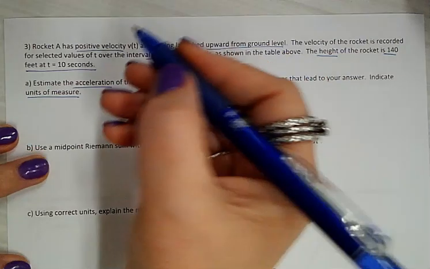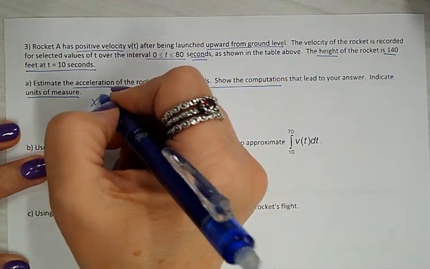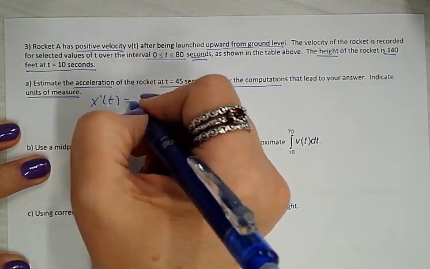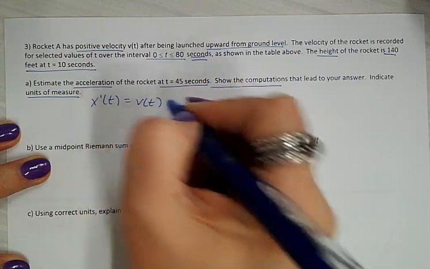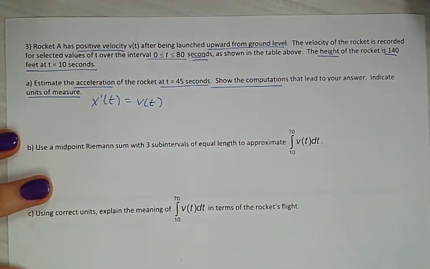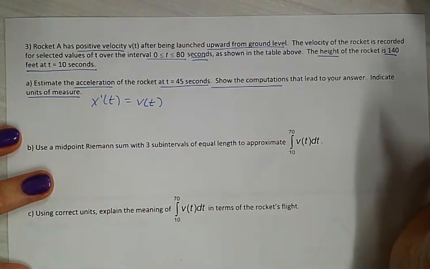So as we talk about acceleration, remember that x prime of t equals v of t. And in our case, I'm going to look at my values. So x is the position, then the derivative of the position is velocity, which was given. And then we do have an initial condition.